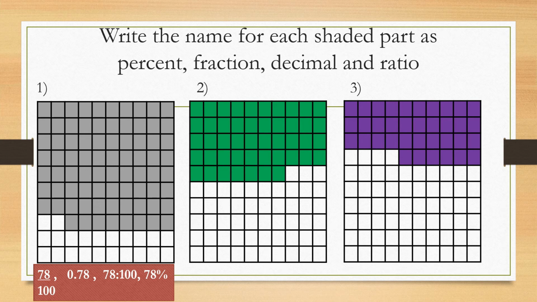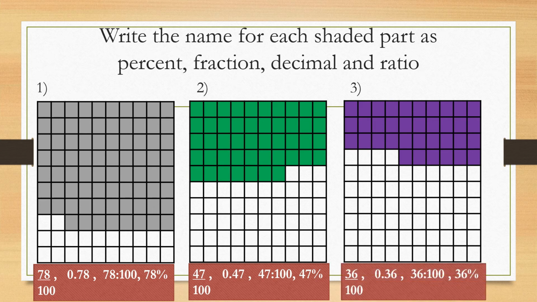And then in percent, that is 78%. Number 2, so we have the answer. And number 3, okay. So I hope naintindihan kung paano natin isinusulat ang ating given into percent, fraction, decimals, and ratio. At naiintindihan yung relationship ng fractions, decimal, percent, and ratio.